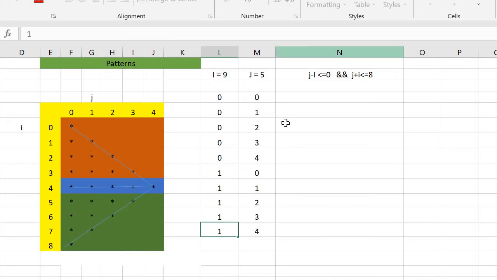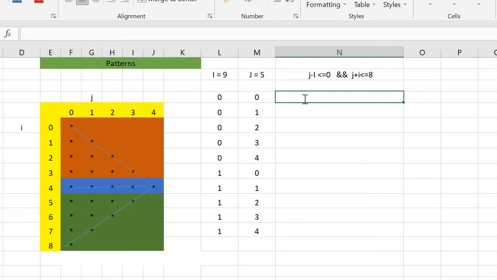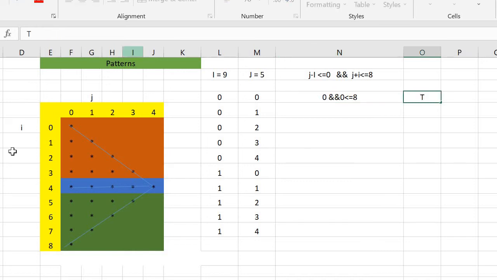Therefore, now j minus i, that is 0 minus 0 is 0, and j plus i. So the first equation is true for now because 0 minus 0 is equal to 0, the condition is true. And j plus i, that is 0 plus 0 is again 0, which is less than or equal to 8. So both of these conditions are true. Therefore, it will print an asterisk over here.